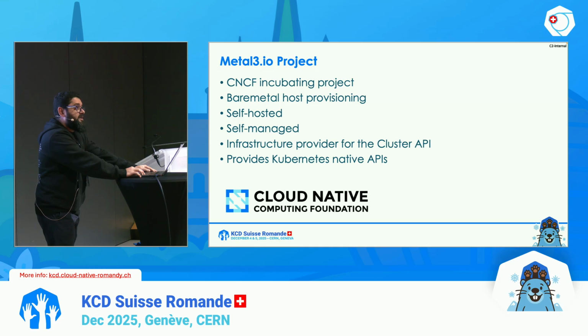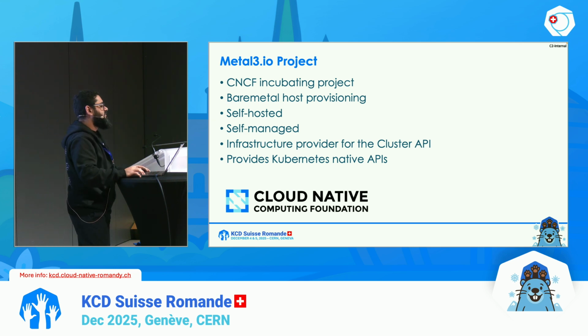And then when it comes to Metal3, as Ricardo also mentioned, it has become a CNCF incubating project very recently. It is providing the interface for provisioning your bare metal hosts through Kubernetes. It is a CNCF project focused on bare metal provisioning and lifecycle automation. You have self-hosted, self-managed, infrastructure-aware reconciliation in the cloud-native space using Metal3.